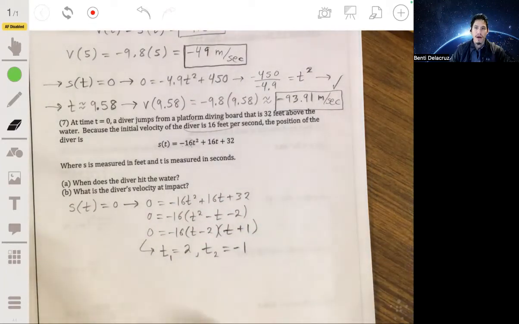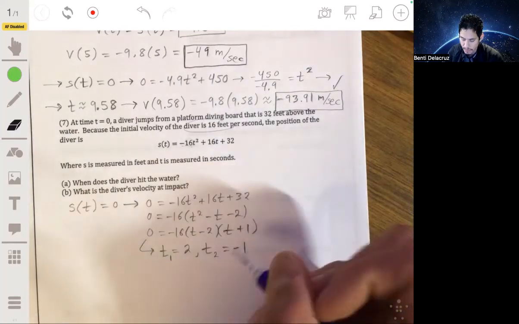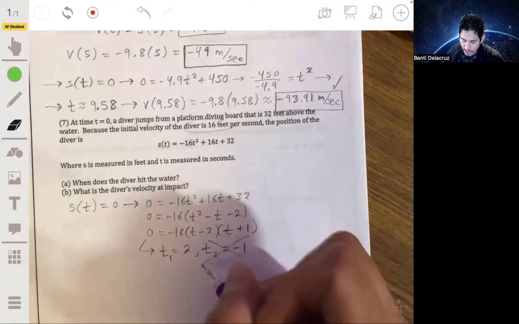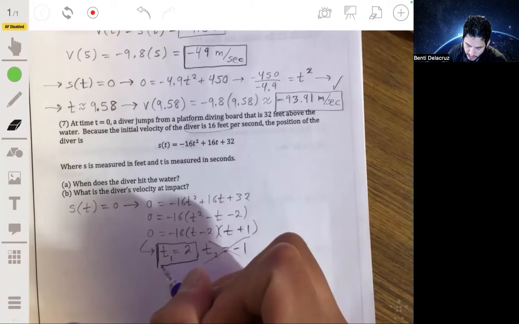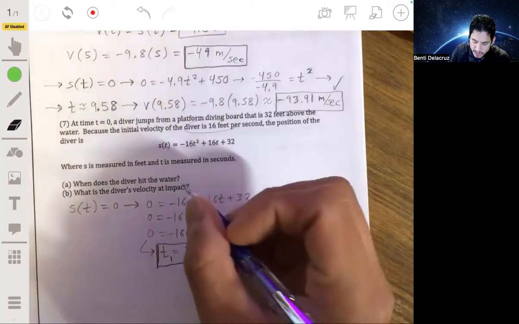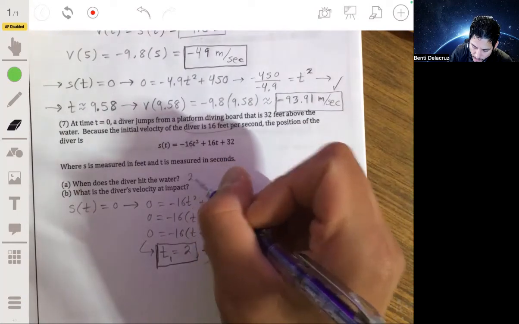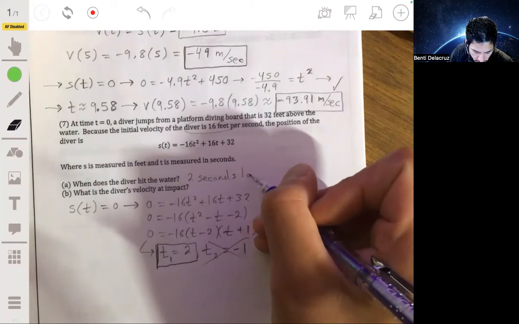Now again, make sure you always think when you're doing these problems, because it wouldn't make sense to have a time of -1, at least not in this universe. So we don't care about that. We know our answer that we're going to be using is t equals 2. So it takes them about 2 seconds to hit the water.